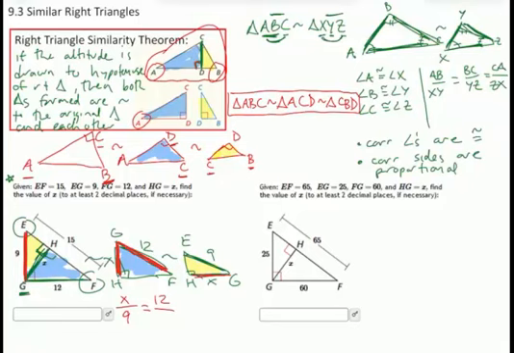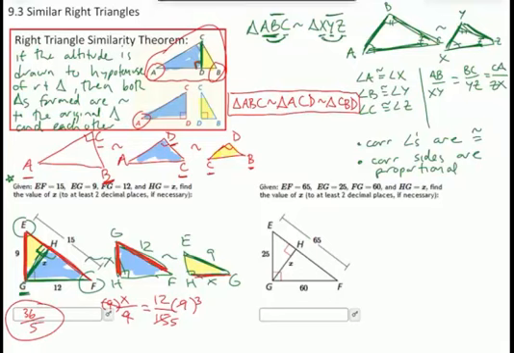And 12 corresponds to what length in the original triangle? 15. And so now to solve for X, multiply both sides by 9 to get X alone. And if you simplify, 3 goes into 15 5 times, into 9 3 times. 3 times 12 is 36 over 5, and there's your answer.